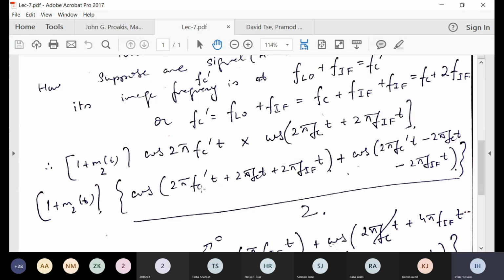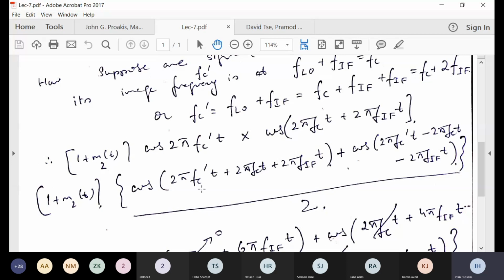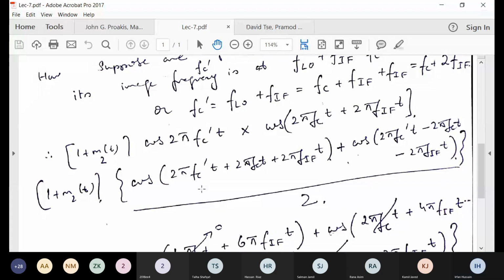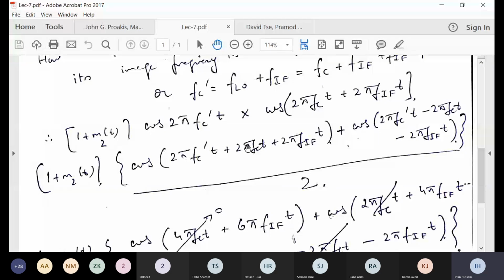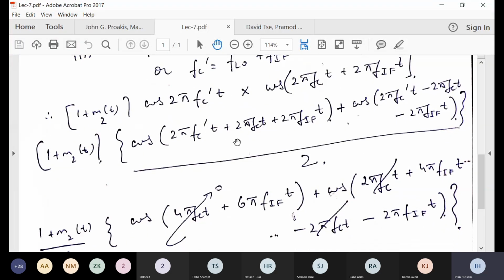Hence you will get here 4 pi FC plus 6 pi FIF T. But this will definitely be rejected by the IF amplifier because it is standing at 2 FC frequency, 2 pi into 2 FC, and the IF only passes around FIF. The rest of them are rejected.